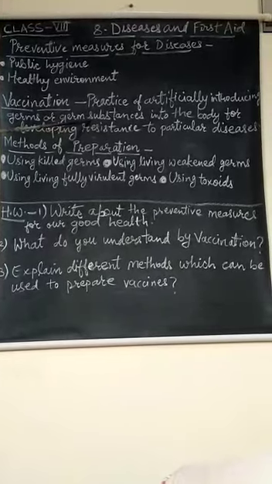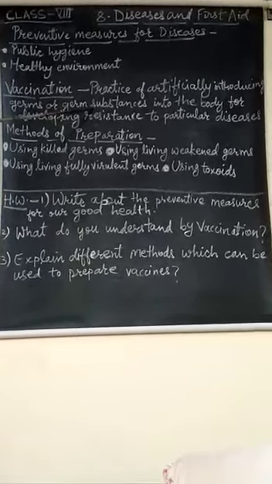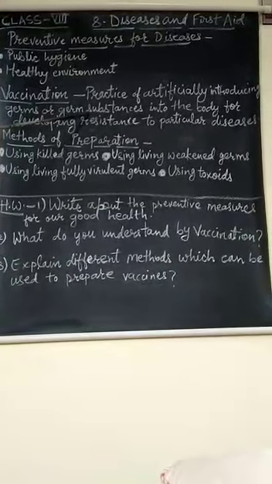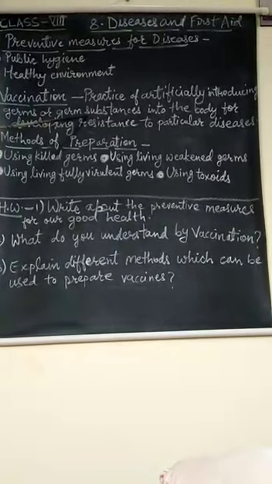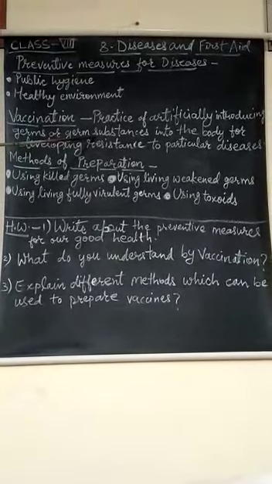As you know, polio drops are given orally to small children, and as an injection so many vaccines are there. For an example, TAB vaccine is there.